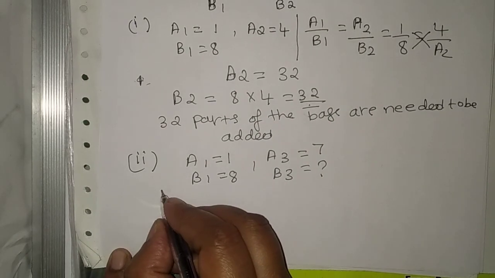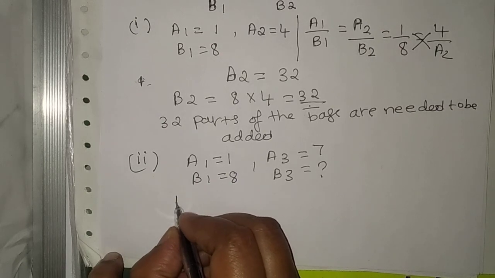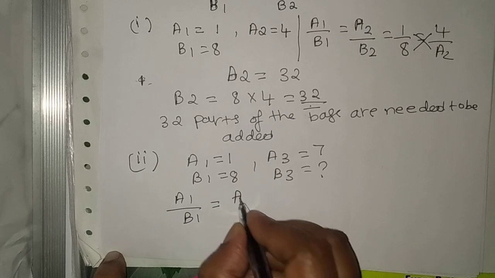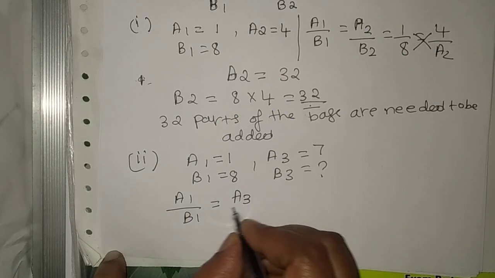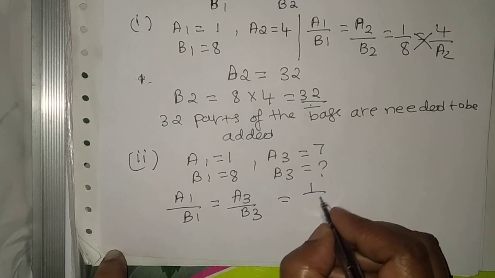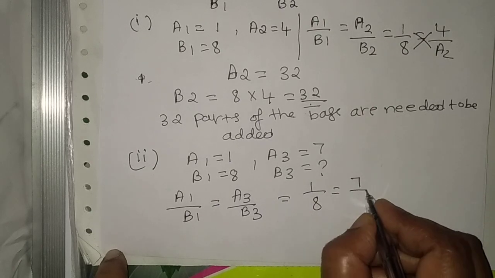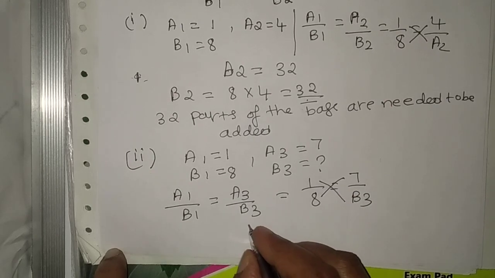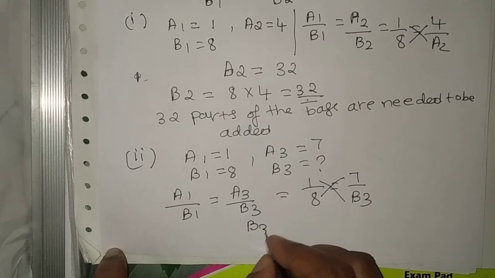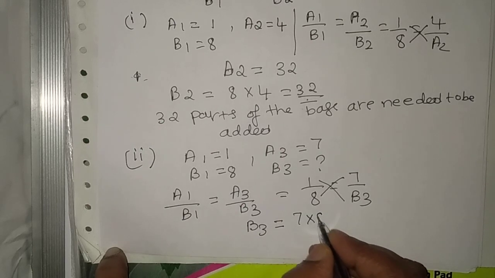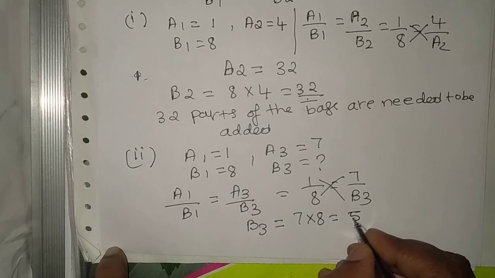Next we take A1 by B1 is equal to A3 by B3. Now substitute the values: 1 by 8 is equal to 7 by B3. Cross multiply, then we get B3 is equal to 7 into 8, which is 56.